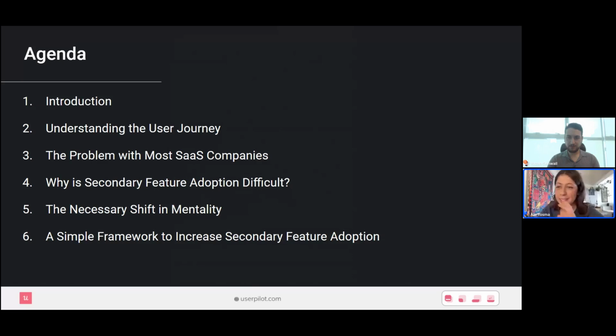The second most common answer is insufficient emphasis or focus on promoting secondary features. So I think if you're thinking this way, you're in a great place to be. I'm sure Yazan will emphasize how important they are and how we can improve them to increase user retention.